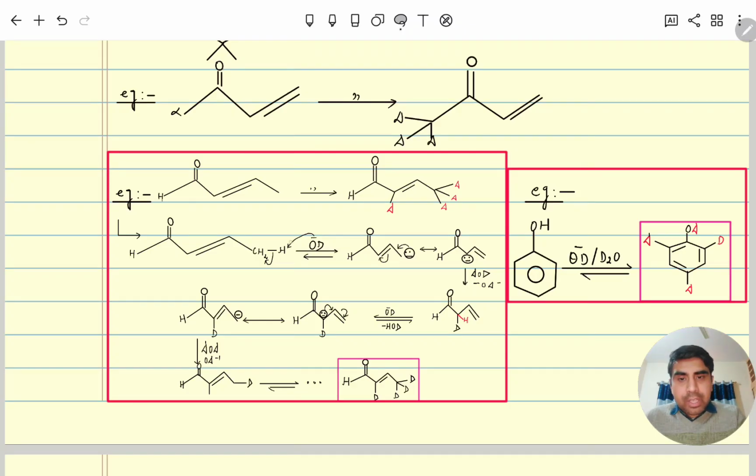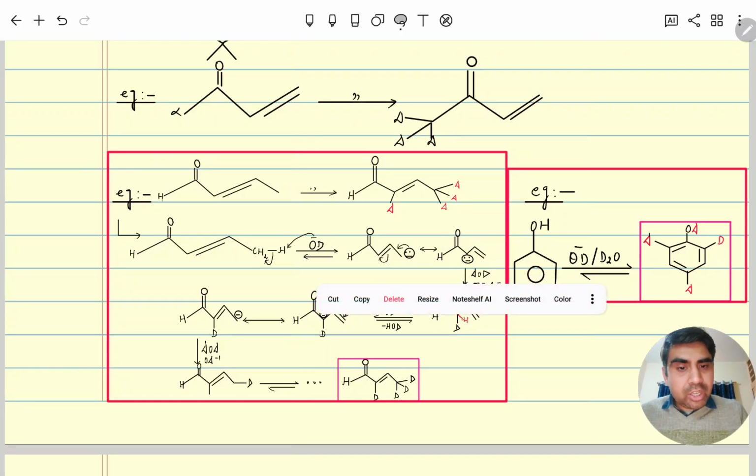So OD minus abstracts this gamma hydrogen and it becomes DOD, correct? So this DOD gives one deuterium at the alpha position. Is that clear? Now it has one deuterium and one hydrogen.